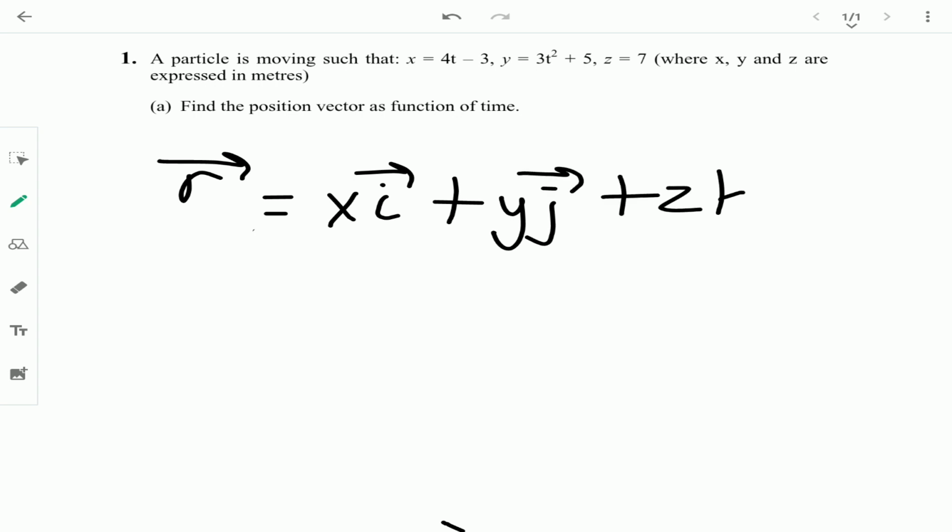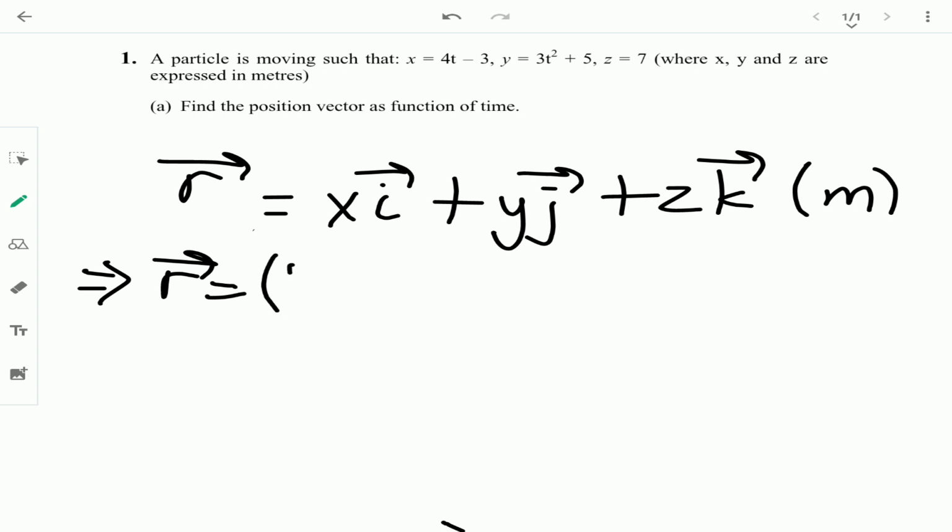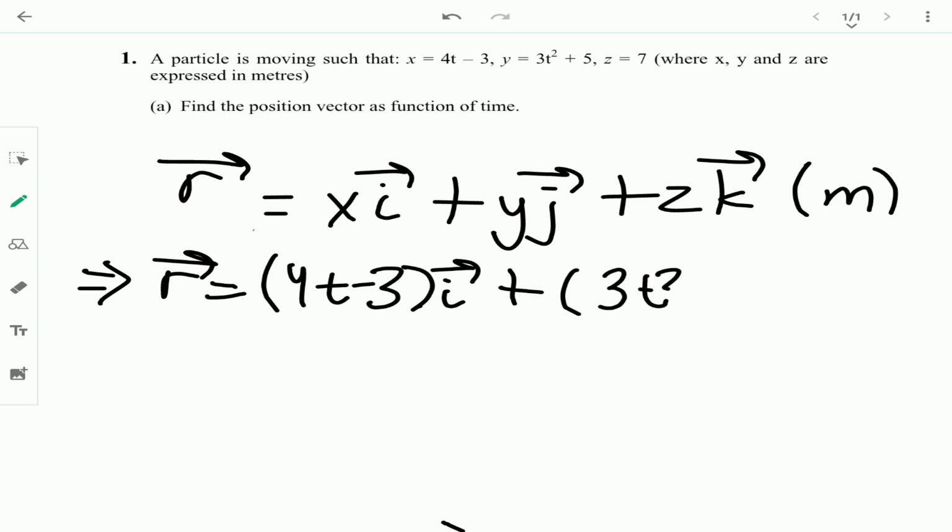And then all of this is expressed in meters. So let's just substitute. You get r equals 4t minus 3, all of it i, plus 3t squared plus 5 j plus 7k, all of it in meters.